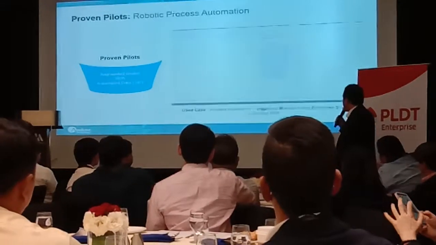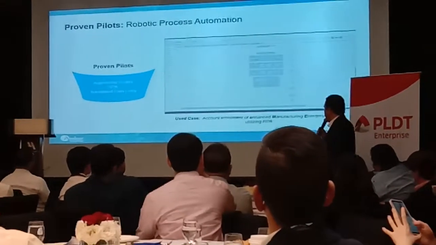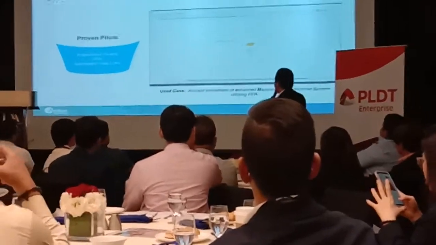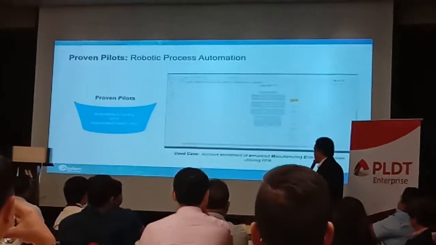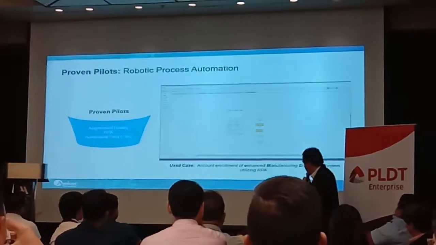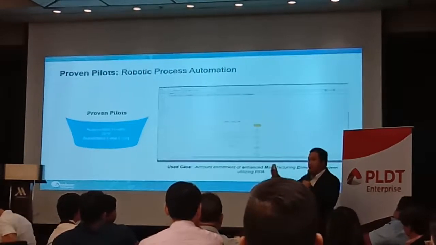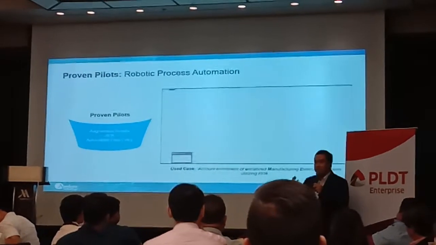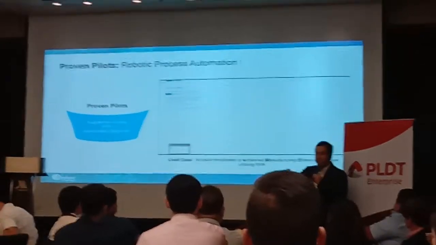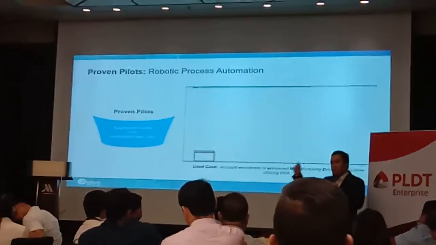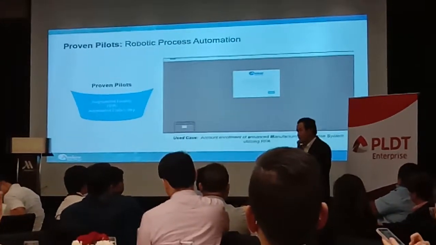The other one is now we have proven pilots for robotic process automation. What it does is it automates the repetitive tasks. For example, you have planning people doing a lot of Excel sheet to website, to database, to email.